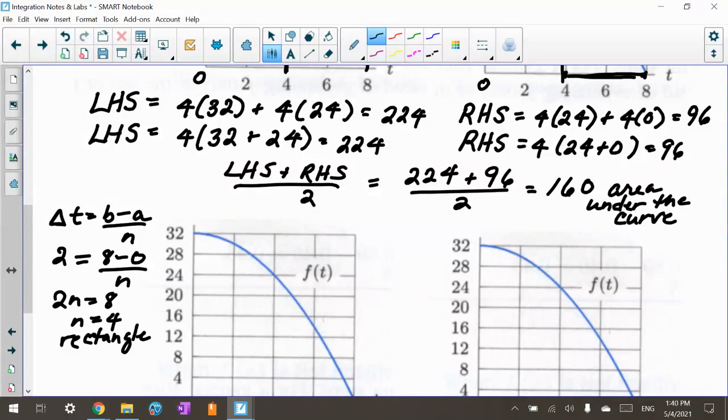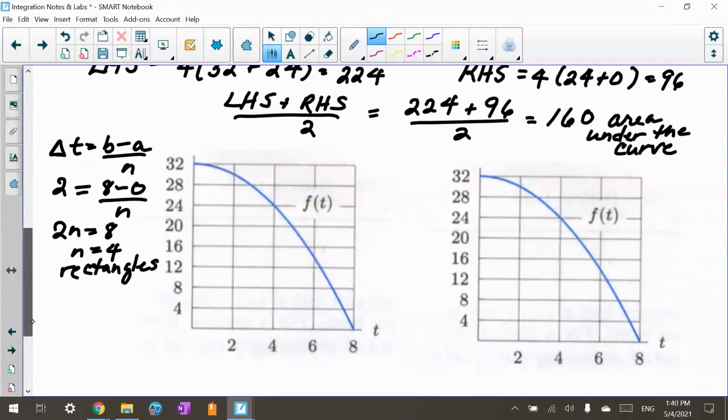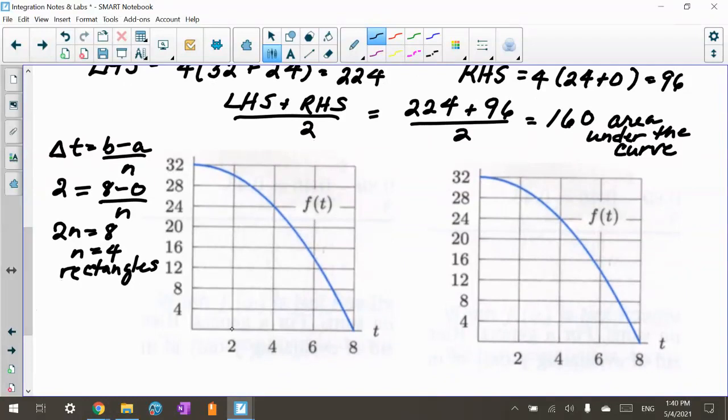Okay. So we're going to do the left-hand sum and the right-hand sum again. Same curve, still trying to find the area under the curve, but now we're going to do it with 4 rectangles instead of 2. So if they tell you that delta T is 2, that means this is a rectangle, 2, 3, 4. That's how wide they are, okay? Left-hand sum, let's go. So we start on the curve, come over, come down.